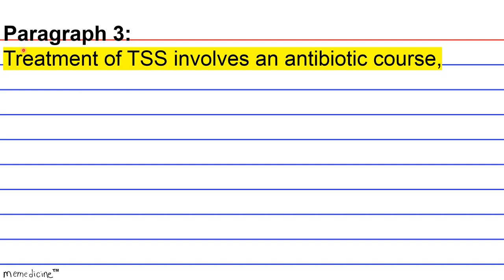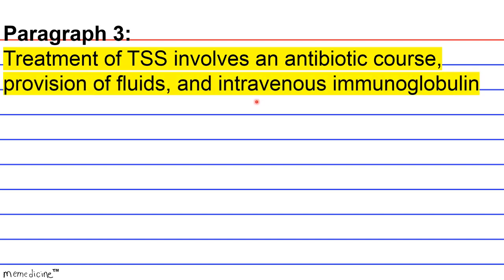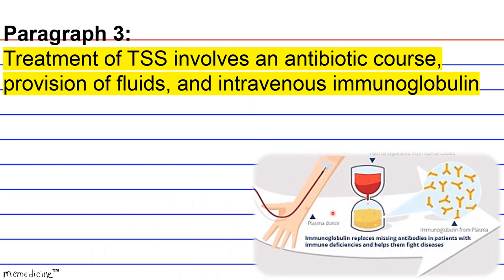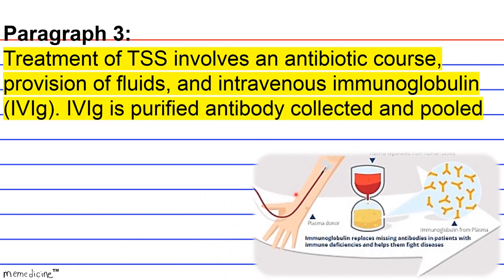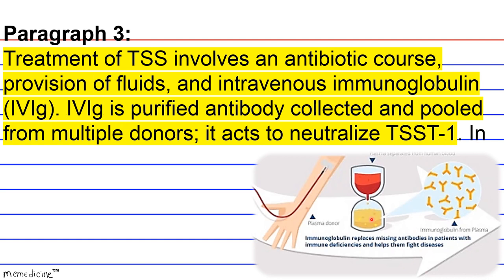Paragraph 3. Treatment of TSS involves an antibiotic course, provision of fluids, and intravenous immunoglobulin, IVIG for short. IVIG is purified antibody. So when some of you go to blood drives and donate blood, this is one of the products that you can sequester from it. So IVIG is purified antibody collected and pooled from multiple donors.